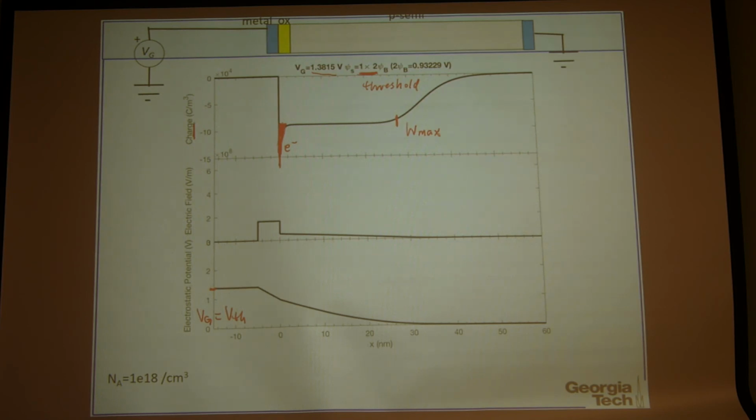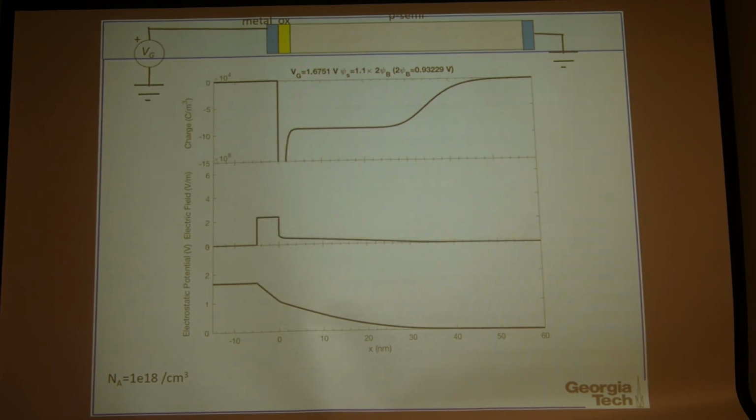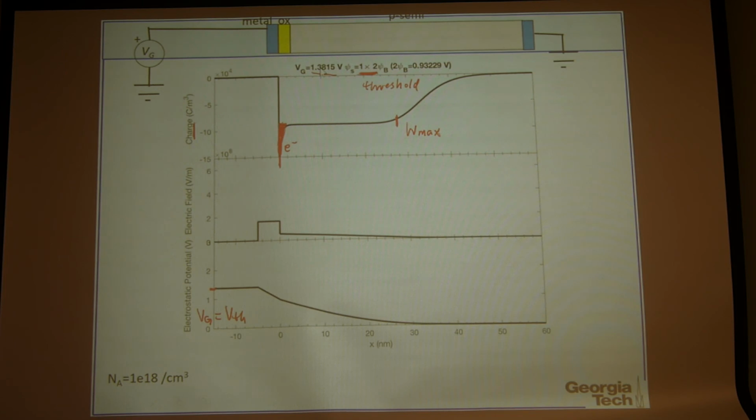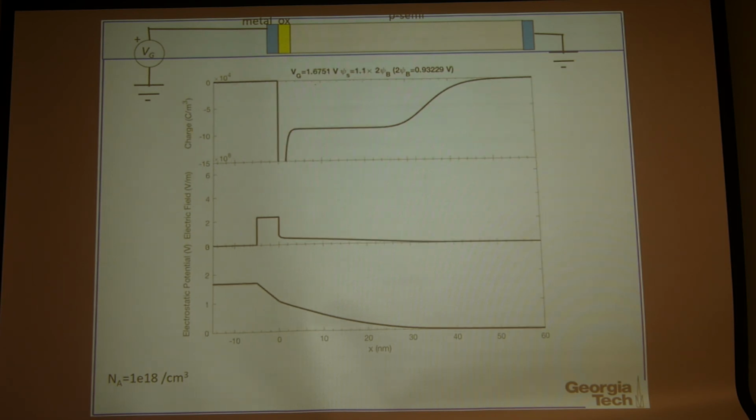Now if we further increase the gate voltage, then what will happen? You will see that here we further increase the gate voltage. Now it's 1.3. Now it becomes 1.46. Now it's 1.67. So we keep increasing the gate voltage, even let's say 2.2 volts.